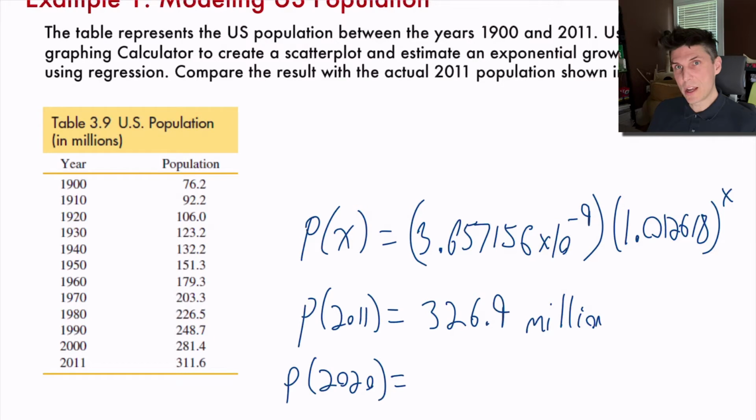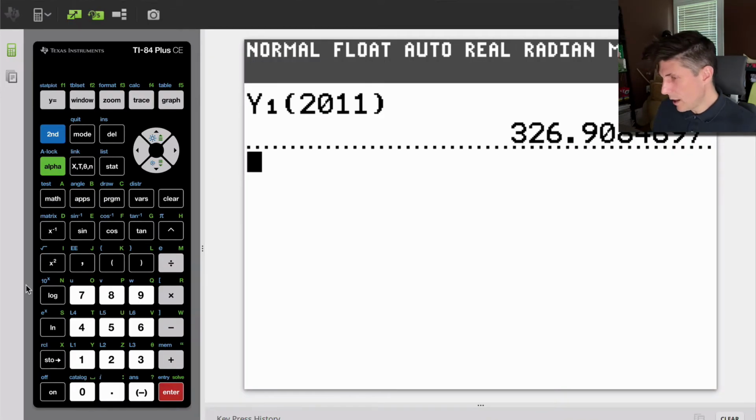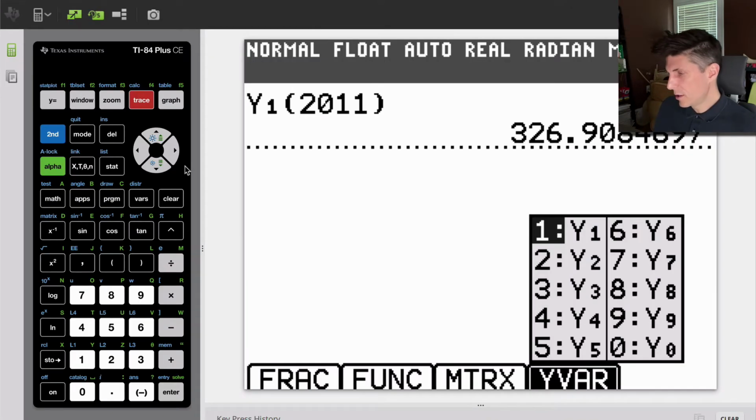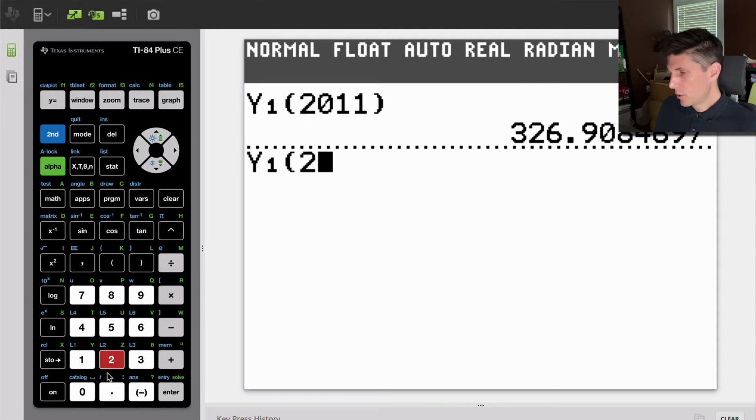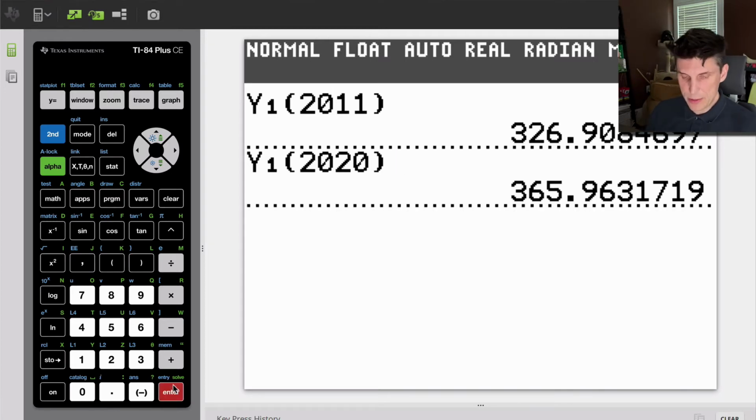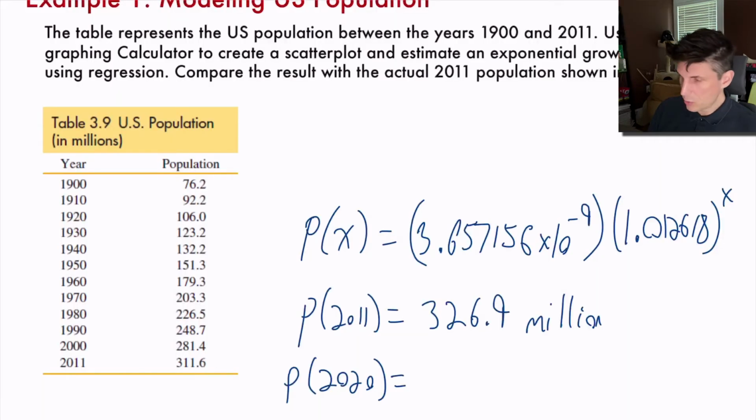Curious. Let's check out 2020. So we're going to go alpha trace Y1 of 2020. So how accurate was this predictive model? They're saying that the U.S. population would be 365.96 million.